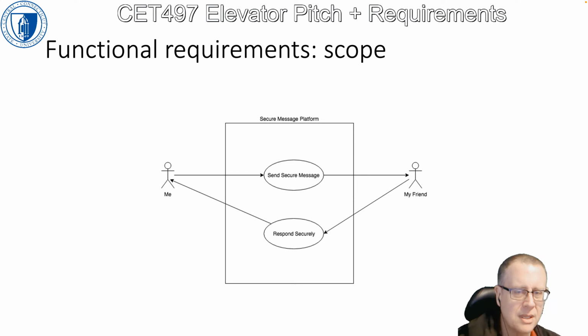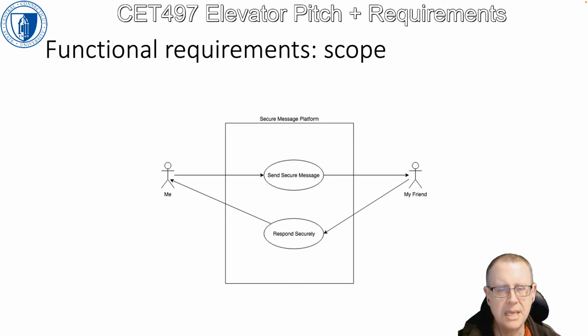Okay, so the lines, the arrows joining me to send secure message and then eventually to my friend. That's the direction of the flow of information. And then my friend responds securely to me. Now, this is a really simple example.